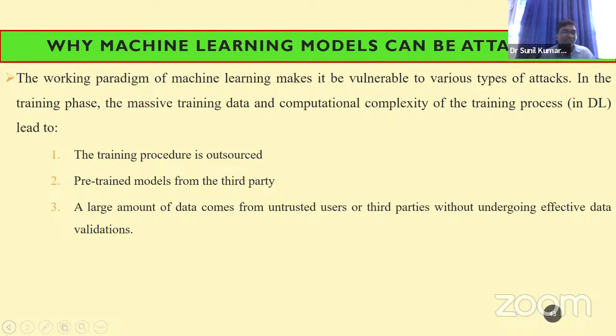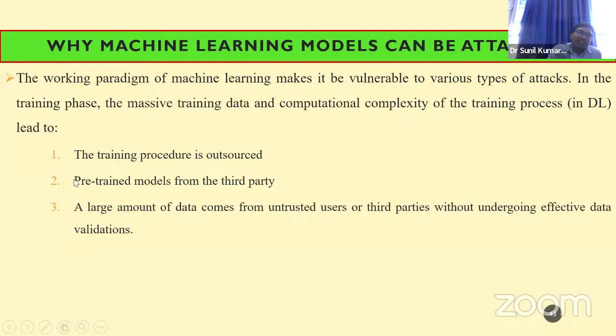In that case, we apply transfer learning. So when we import the pre-trained models, this is the issue once again: maybe the pre-trained model was trained with a data set which already has poisoned or modified information.